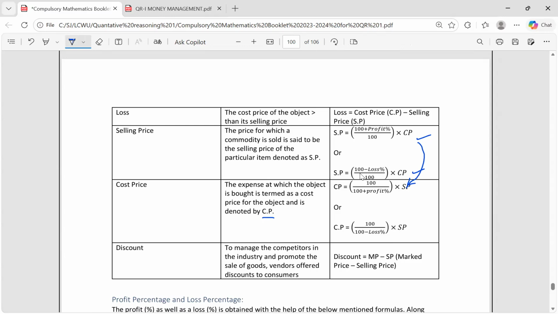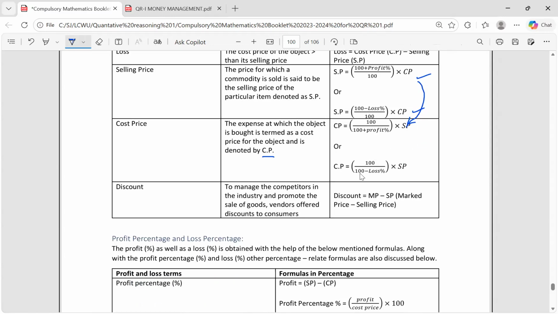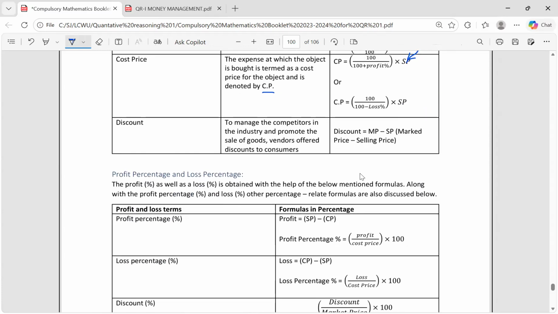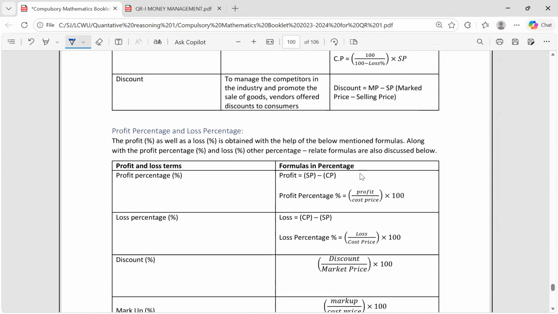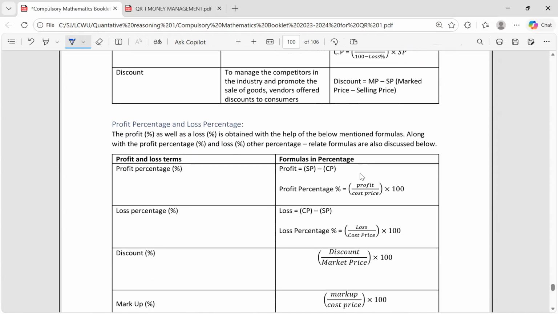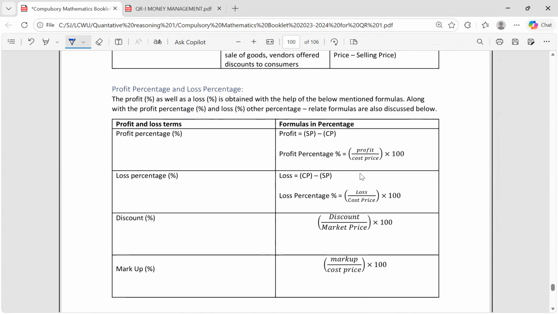Next thing is discount. We normally offer discount in terms of percentage. Discount is market price minus sale price. There are two kinds of percentages: profit percentage and loss percentage.